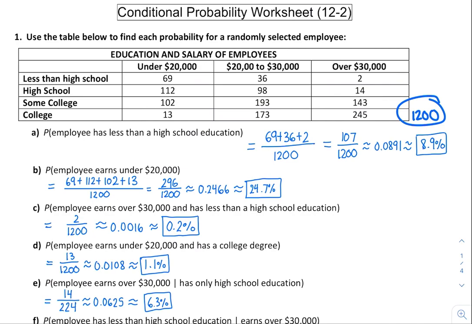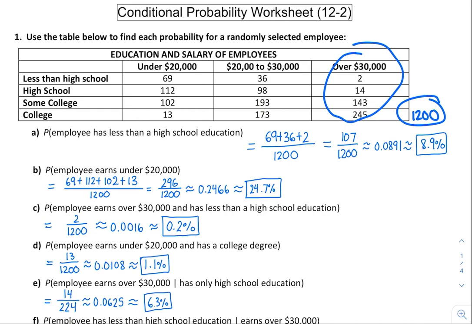Okay, moving on. Part C, it says employees earn over 30,000 and have less than a high school degree. Employees earn over 30,000, that is this category, right? And then it says and has less than a high school education.